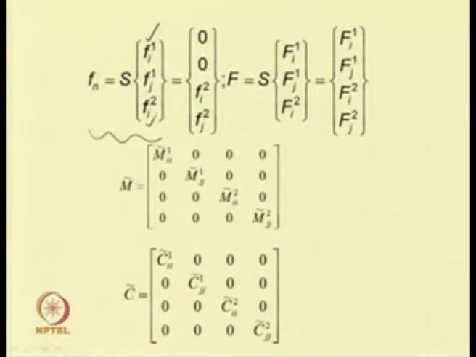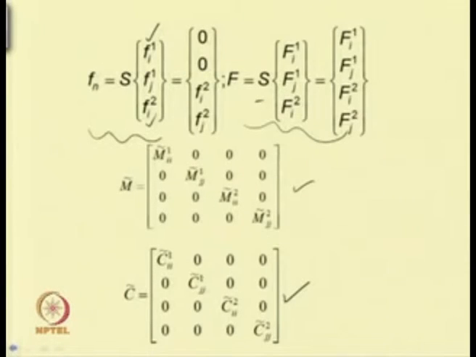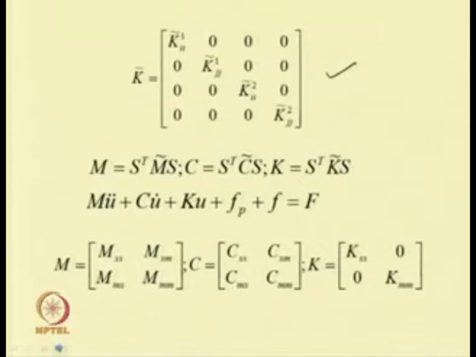Similarly, we can write F in this form using this S matrix, and the mass matrix, damping matrix and K matrix can also be written in this way. Here you may note that this becomes the diagonal matrix. Here M equals S transpose MS, C equals S transpose CS, and K equals S transpose KS.